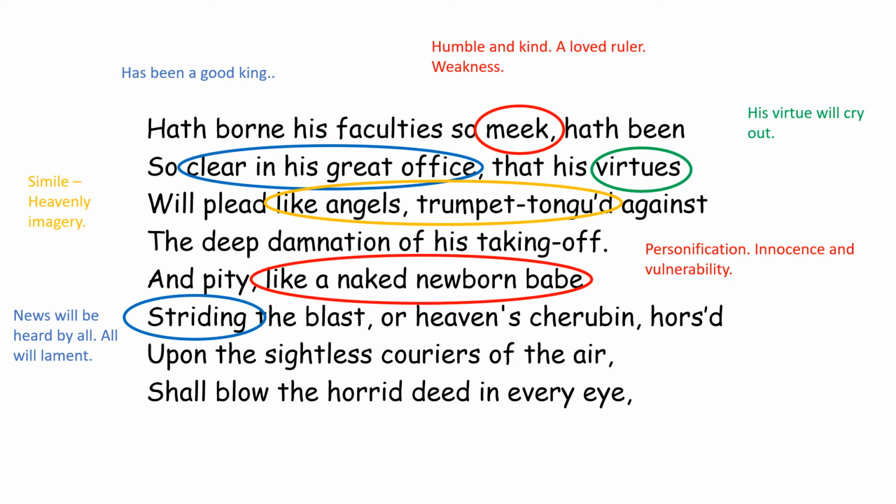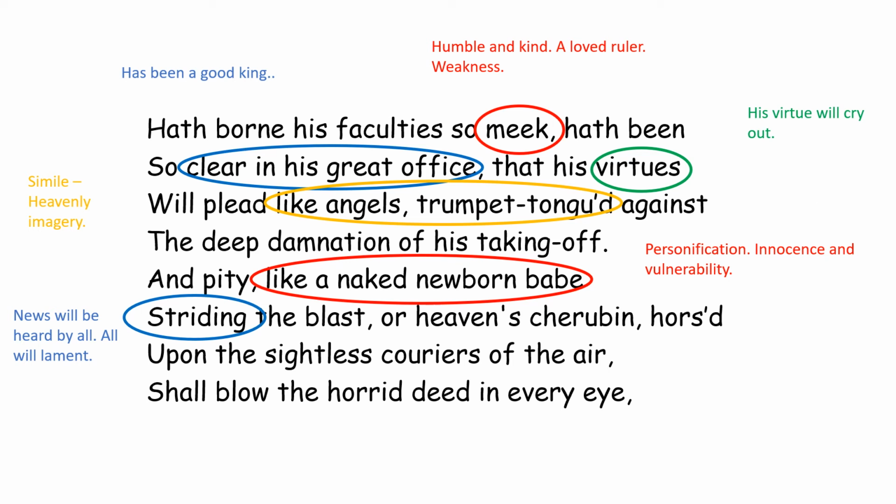This newborn babe will metaphorically stride around the country and tell everyone what's happened. And if everybody hears about it, particularly if they feel pity, it means that Duncan is going to be even more respected, and the person who kills Duncan will be even more hated.